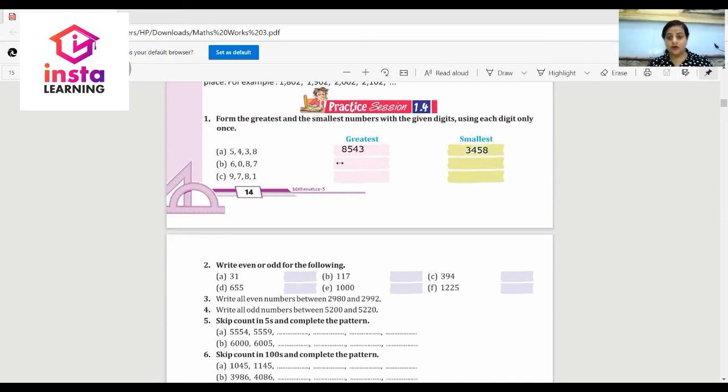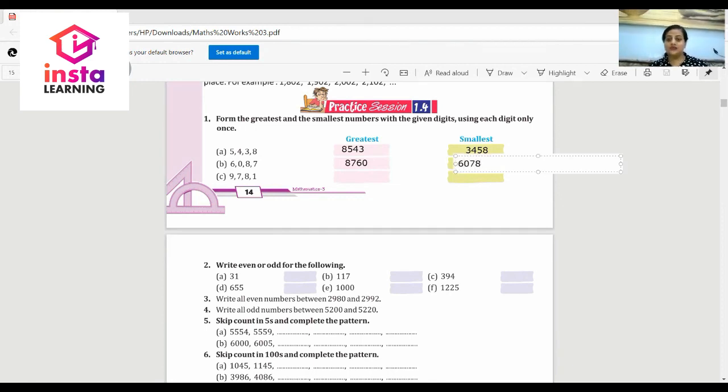Next is, if we want to make this 4-digit number, then we can use 8, we will write here, 7 we will write after that, then 6, then 0. Next will be, if we want to make the smallest number of all these digits, we put 6 first of all, then 0, then 7, then 8.